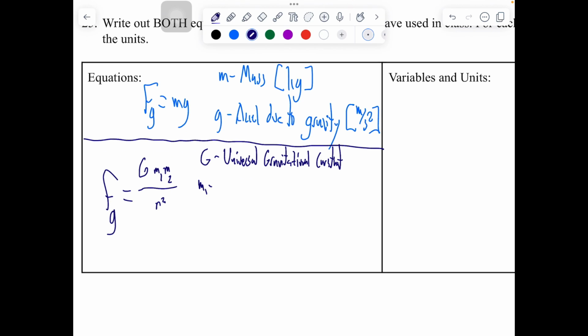M1 is just mass 1, measured in kilograms. M2 is mass 2, measured in kilograms. Keep in mind it doesn't matter what you call M1 and M2. It just matters that you keep it consistent. So if you have a person and the Earth, whatever you define as M1 stays M1.